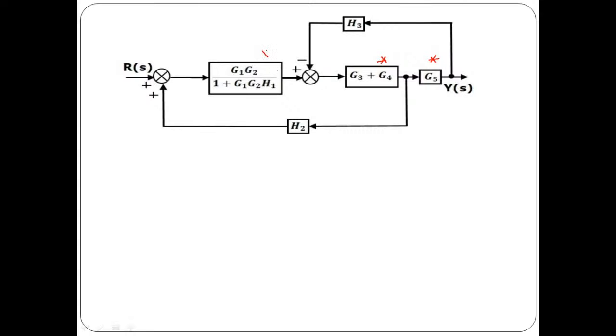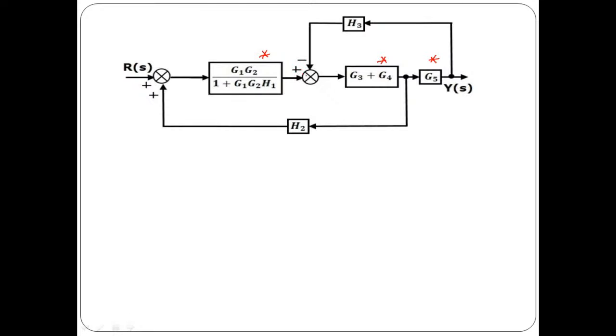In the same way, this block and this block are not in series because they have a summing point in between them. So it is not possible to apply rule number 1, 2, or even 3. Now in this case, we need to apply rule number 4, 5, 6, 7, like shifting of summing point or takeoff point before or after a block.